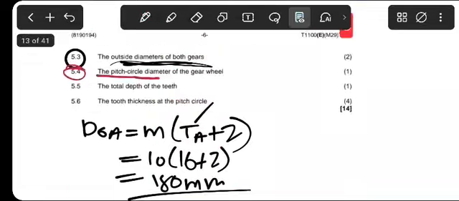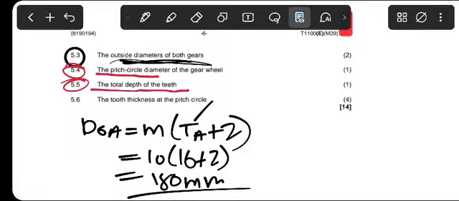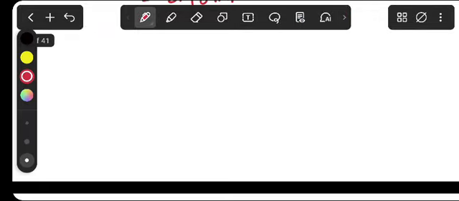All right, then the total depth of the teeth, guys. The total depth does not change. We've been discussing the total depth.